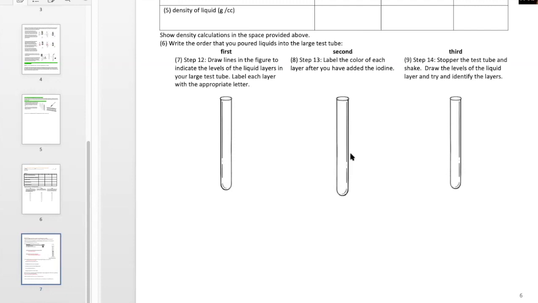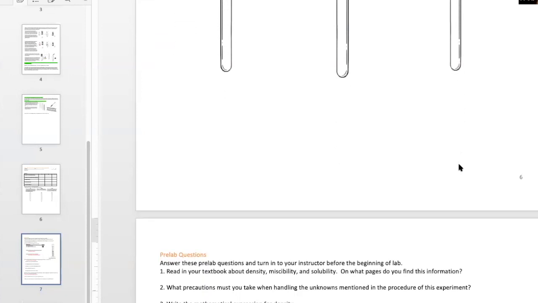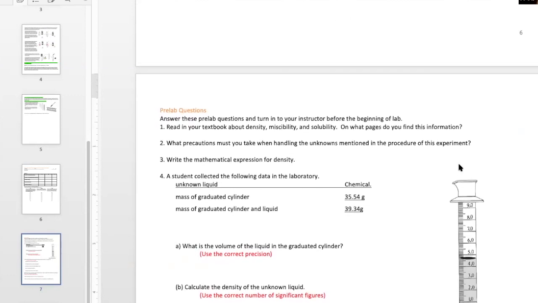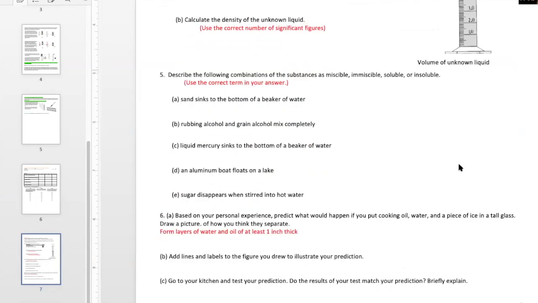Label the colors, okay? When you add the iodine, stopper it, shake it up, and redraw the different layers again. It looks like two of them do mix. So two of them are miscible. The third is not. Then you guys answer, hopefully you answer the pre-lab before you do the experiment.